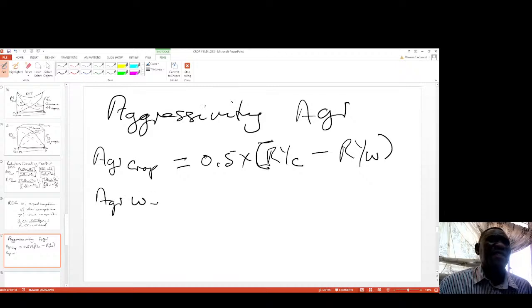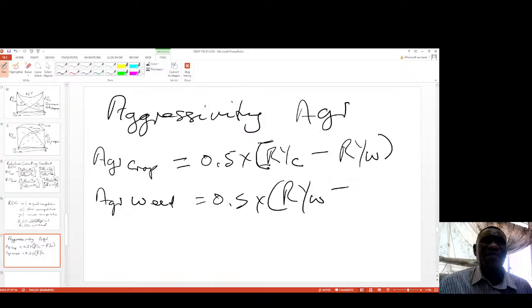AGR weed is multiplied by, this time it's in reverse.